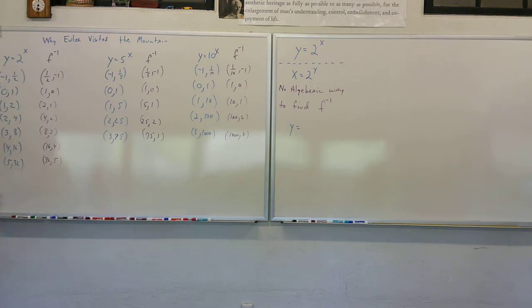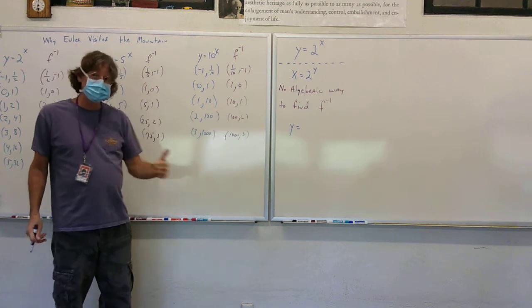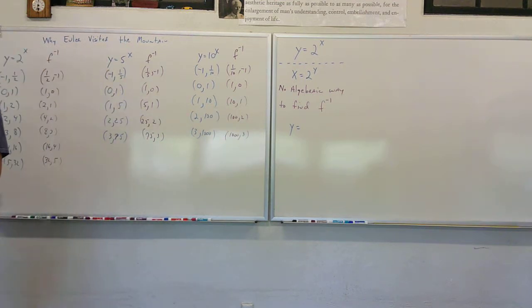Now, here's the scary part. We know the numbers. We know what the inverse should do. We know the graph, but we don't have an algebraic way of doing it. This is when we have to think, okay, we know how it looks on a graph.